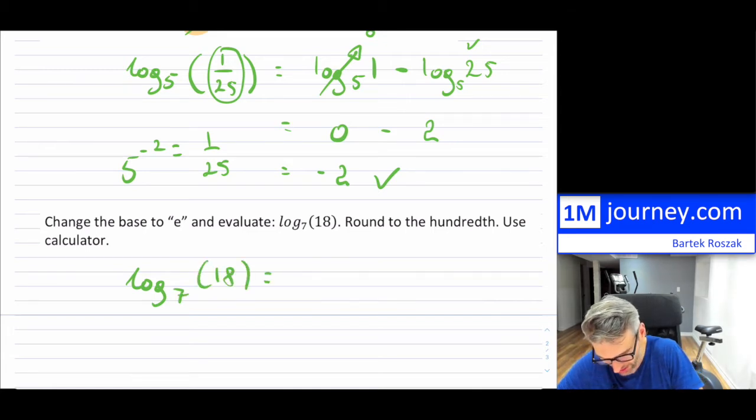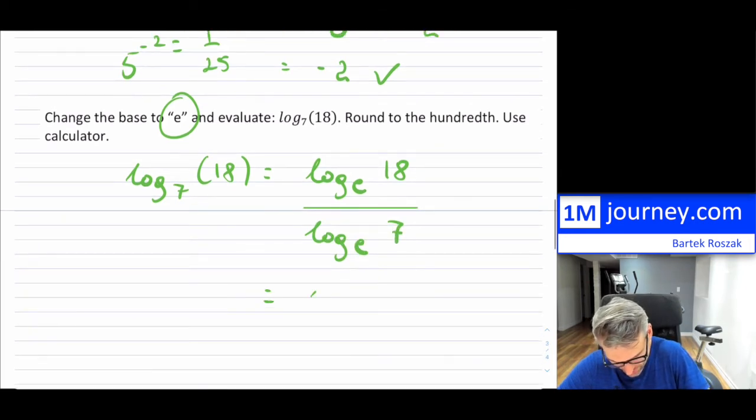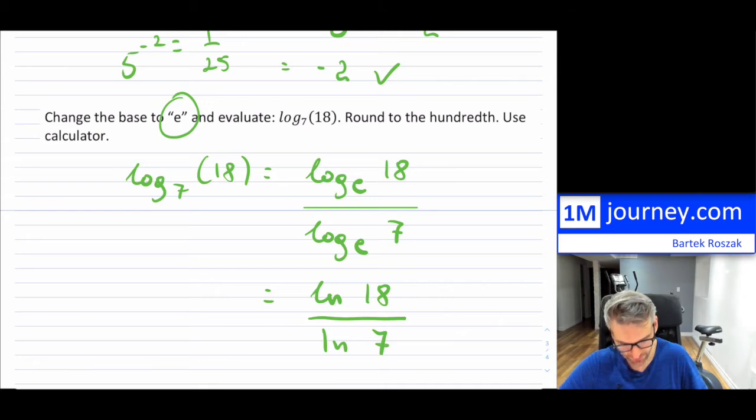So if we're going to change the base to e, this is going to be log base e of 18 divided by log base e of 7, which really means, let's not forget, this is ln of 18 divided by ln of 7, right? Because that's exactly what log base e means.